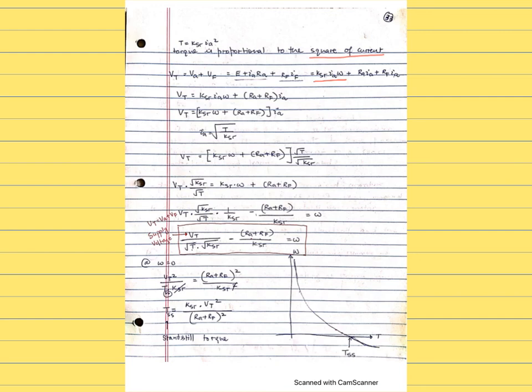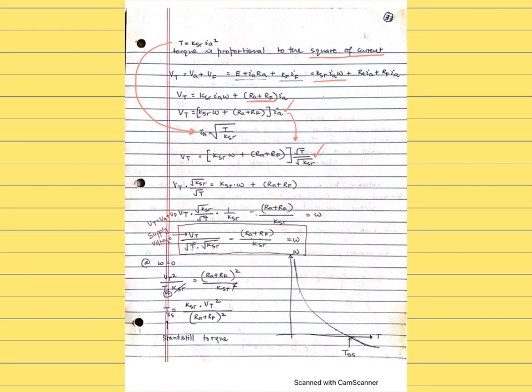Those two resistances can be combined into one, and many times it's given as one resistance. You can have IA common in both terms, so IA can be taken common as well. From here, IA can be written as the square root of T over KSR. And we substitute that IA in here, from this equation.